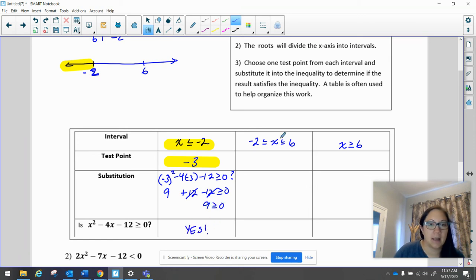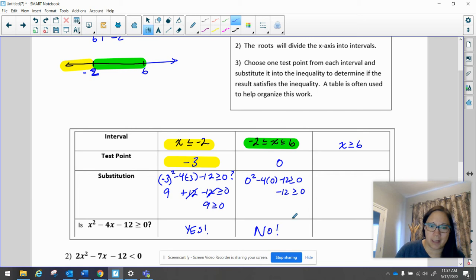That's a yes. Okay, what if I pick something from this region? Oh, there we go. From this region. Okay, so the easiest value to pick from that region would be 0. And if I substitute in 0, I get -12 is greater than or equal to 0. That's a false. So that's no, that is not true.